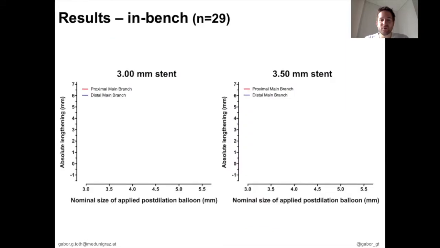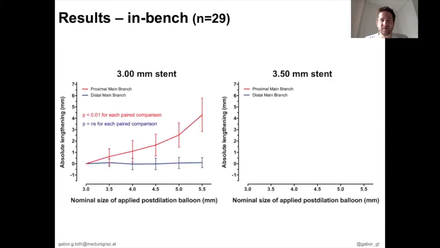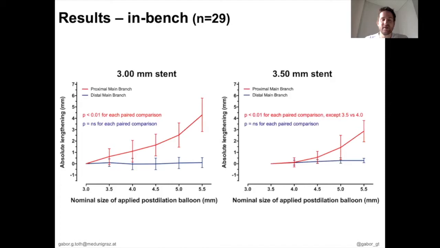Detailed analysis showed that each step of POT resulted in significant lengthening of the stent length in the proximal main branch segment, shown by the red line, for the 3.0 as well as for the 3.5 stent platform, with no change in the distal main branch stent segment, shown by the blue line, suggesting that this is a real absolute lengthening of the stent, not just a slipping movement or dislodgement within the vessel model.